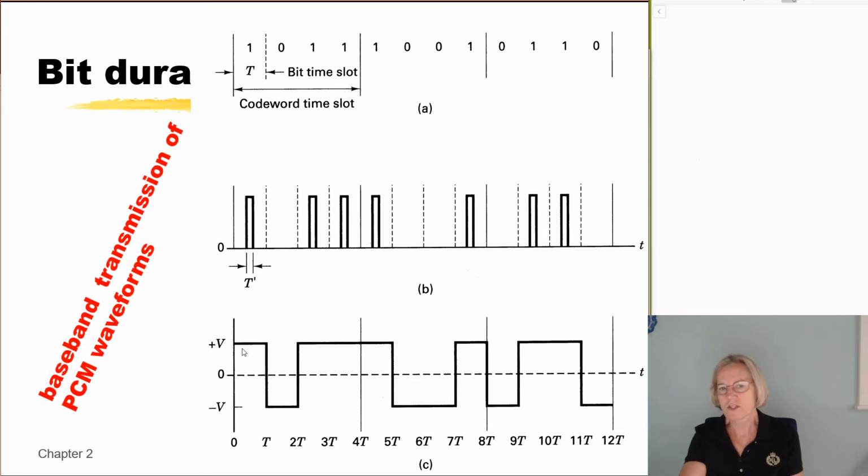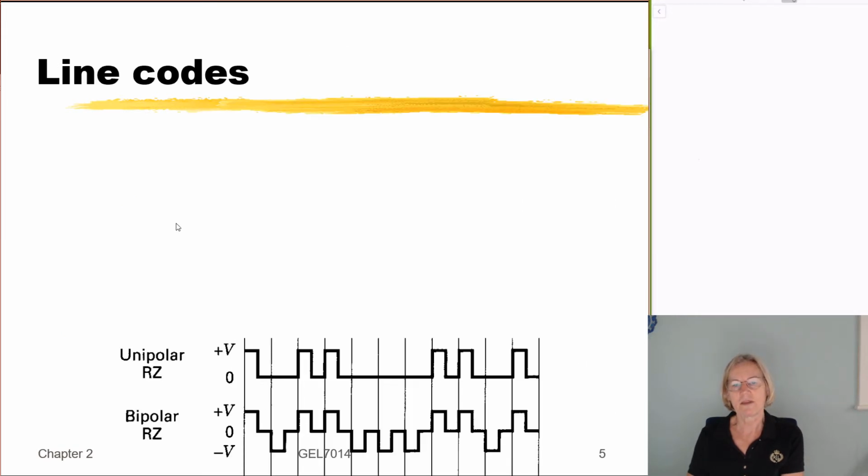These examples are all square waves, but I could have used some other shape, and there would still be this fundamental choice. Whatever shape I use, rectangular or otherwise, do I want to use the whole bit interval or not? Do I want to have bi-level signaling, or do I want to have 0 and something else as the choices? This is what line codes are about. It's not about the shape of the waveform, but how we exploit that waveform.